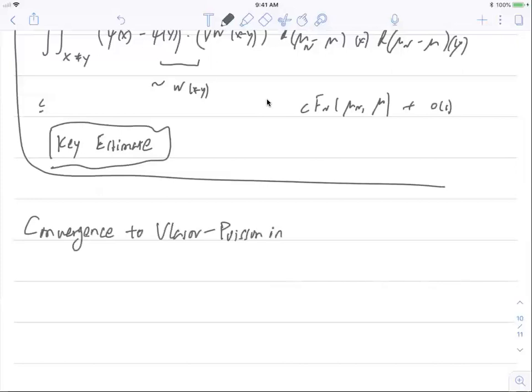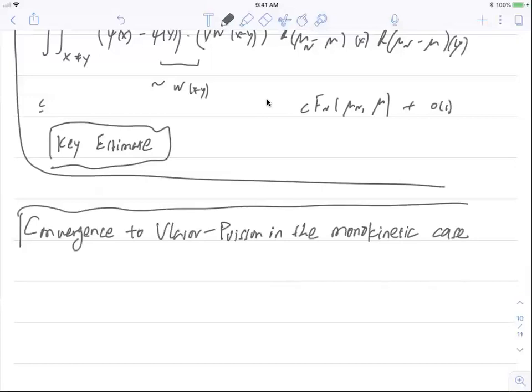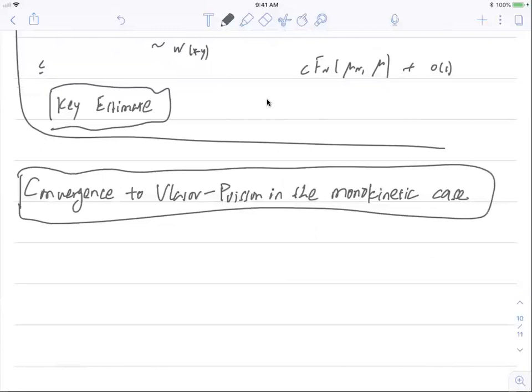So in the monokinetic case, let's say using Zn as x1 v1, up to xn vn.